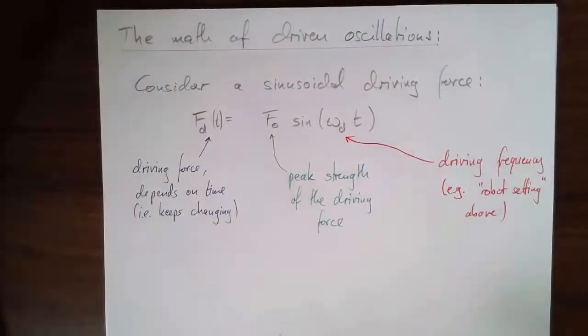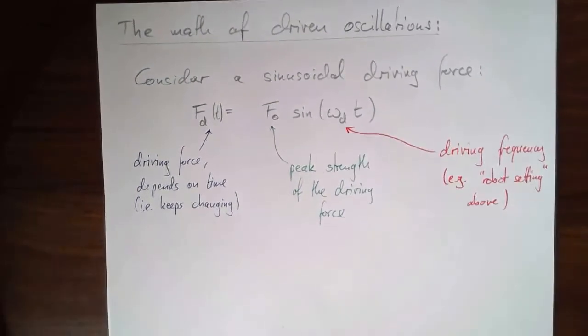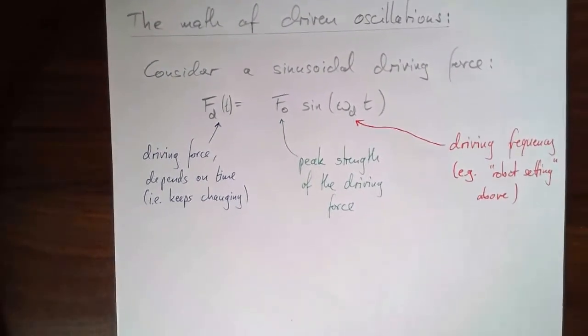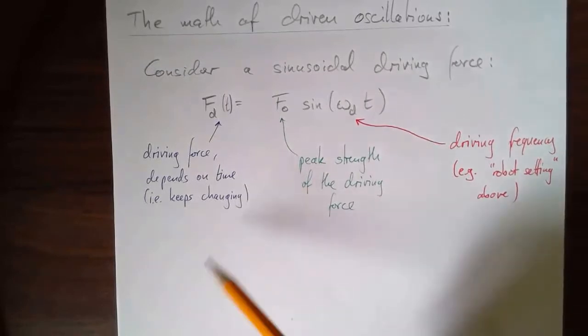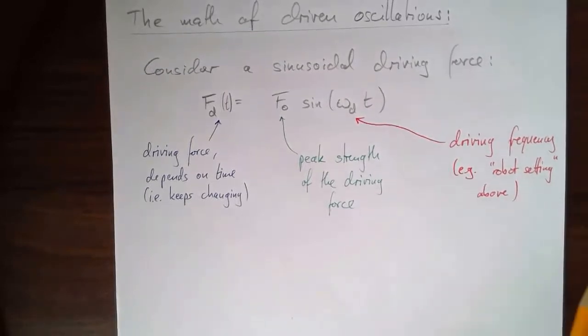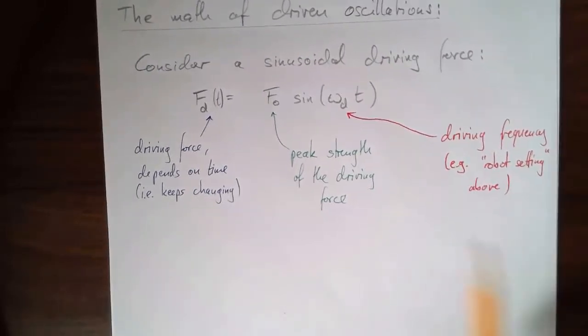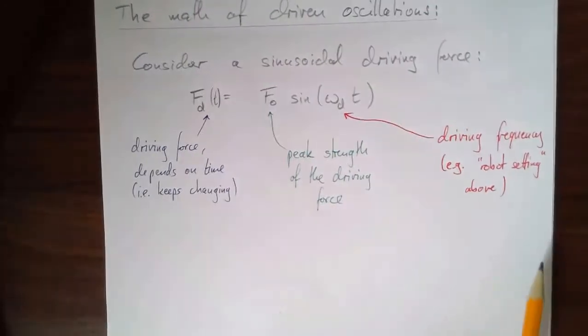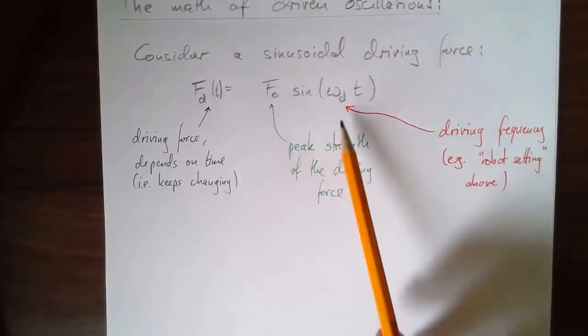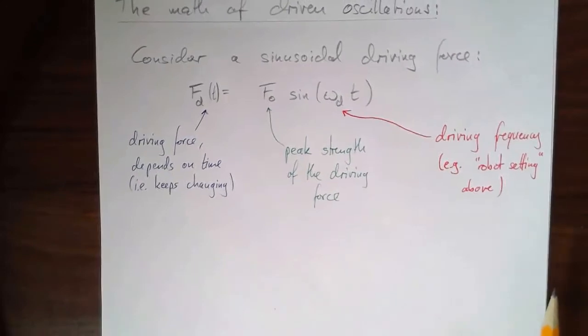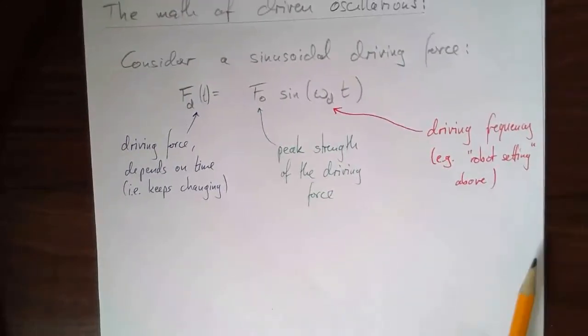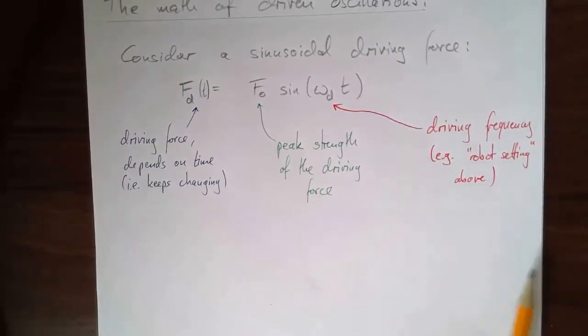Might be a way to supply an approximately sinusoidal driving force. If the force is not sinusoidal, everything we're going to conclude essentially still goes through. It's just the math would be slightly different, right? But this is a particularly simple example to analyze mathematically, for reasons that will become obvious in a second.